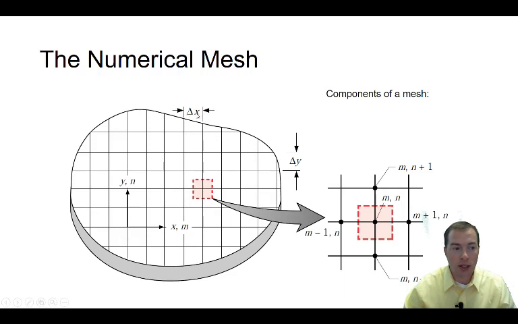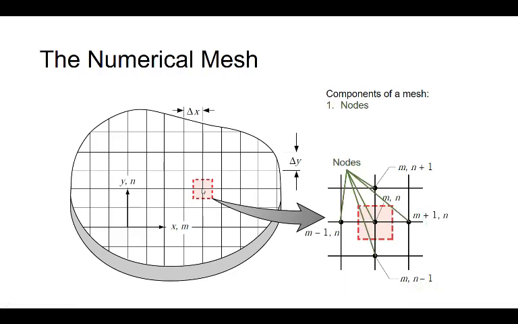The volumes are given an extent in the x and y direction, delta x and delta y. Where the lines cross represent node points. The nodes are the first component of any numerical mesh.